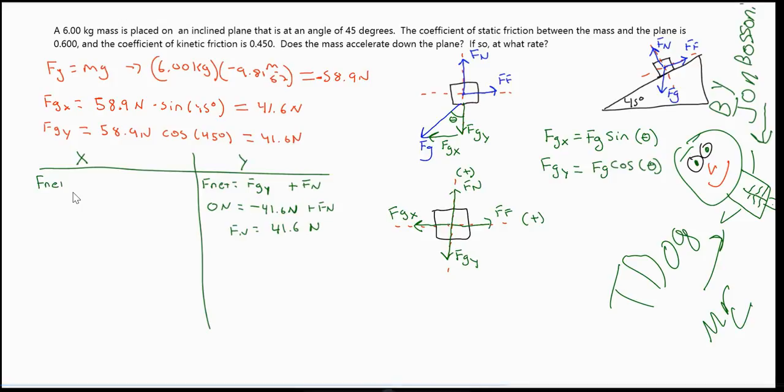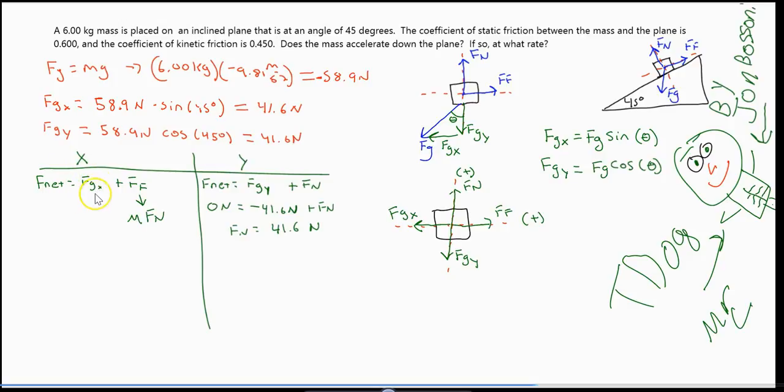In my x direction, I know that my net force is all of the forces, which is my x component of gravity, or my parallel component of gravity, plus my force of friction. And I don't know my force of friction yet. I don't know my net force because the question is, does it accelerate?